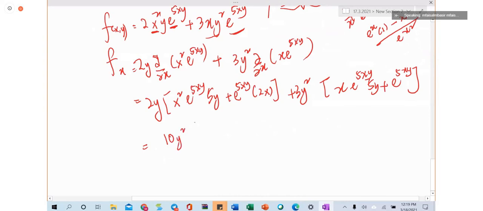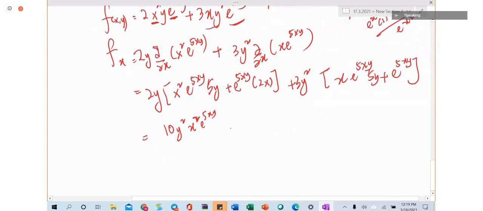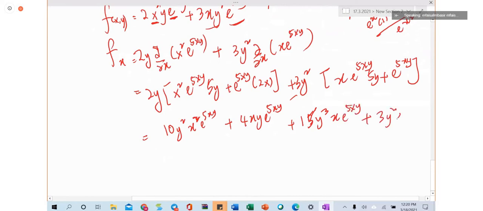10y² for 5y, 4x e^(5xy), 3y² times 15, 5, right? 15y² will be y³. x e^(5xy) plus 3y² e^(5xy).